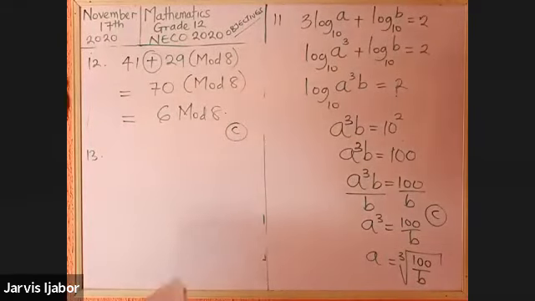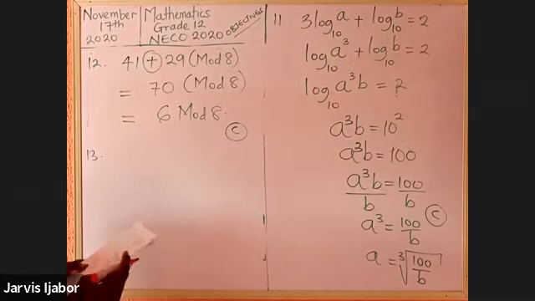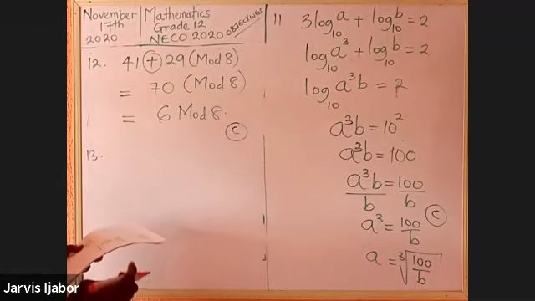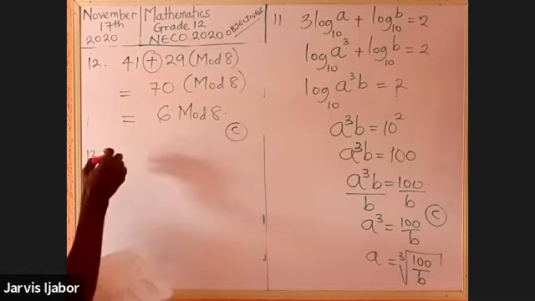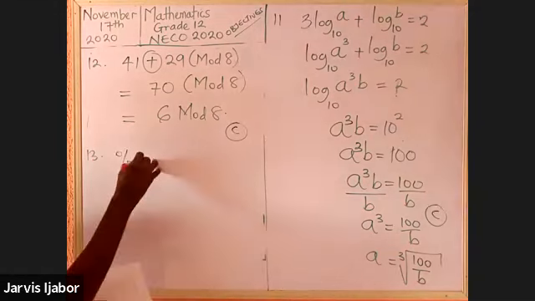Okay, so question 13. The percentage error in estimating the depth of a swimming pool is negative 4%.